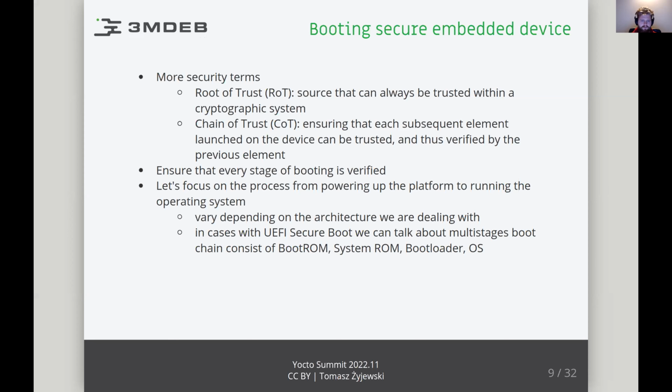So now we can introduce two more security terms, which are the root of trust and the chain of trust. The root of trust is just the source that we can trust to be secure. So the point here is that the trust state of the given boot element, let's say the bootloader, must be based on something that we have no doubts about.